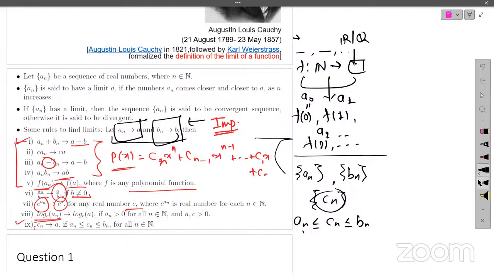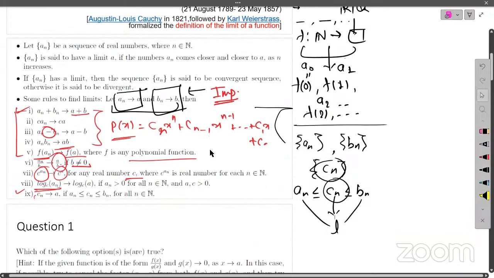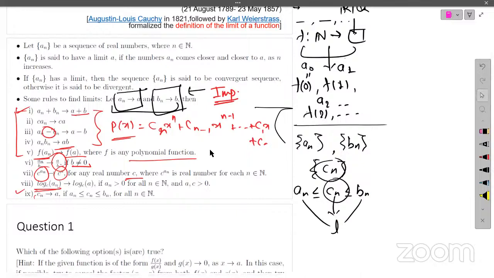And here, if these two sequences, AN and BN, converge to one fixed quantity, suppose L, then they force this particular sequence to converge to L itself. This is also known as the sandwich property. We are sandwiching the CN sequence in between AN and BN.